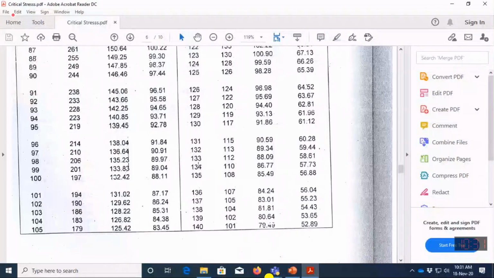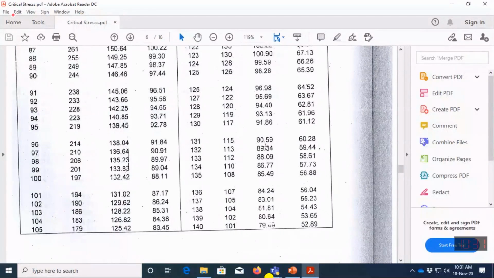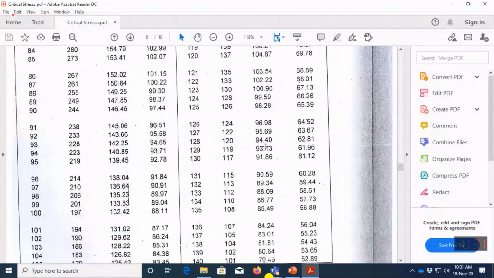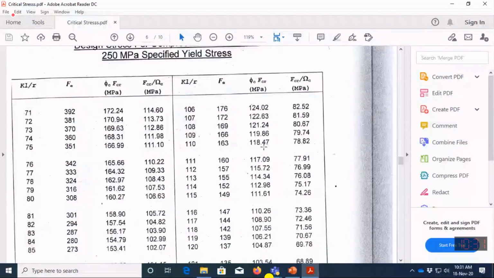For a long column, we use the Euler formula to compute the critical stress. So here, this φcFcr value is equal to φ value multiplied by 0.877 times the Euler stress, π²E over slenderness ratio squared. So these values have been computed by using the long column and short column formulas. You don't need to use the formula yourself. This table has already been tabulated to facilitate the design.